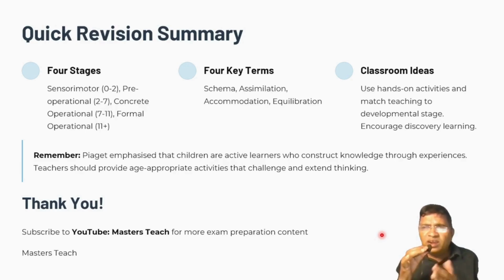Classroom ideas: use hands-on activities matched to the developmental stages, and encourage discovery learning. Piaget emphasized that children are active learners who construct knowledge through experience. So the teacher should provide age-appropriate activities that challenge and extend thinking. So this is about Jean Piaget.